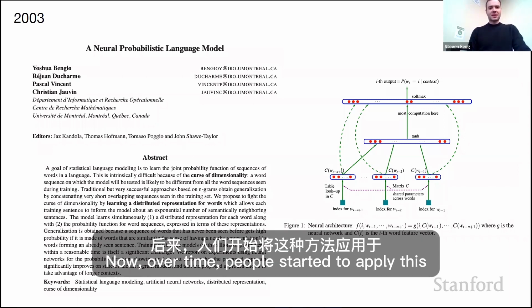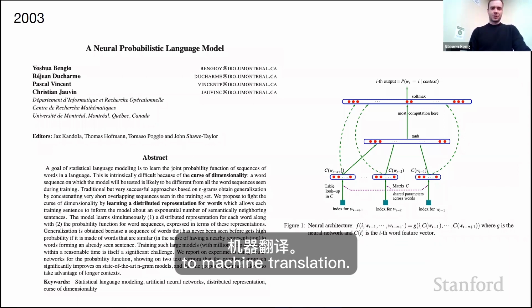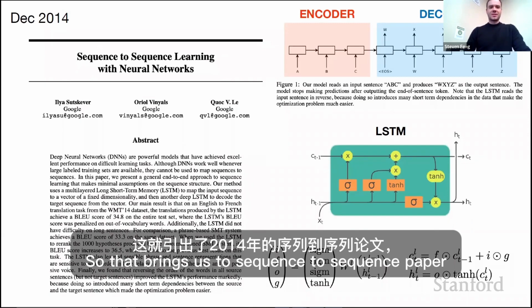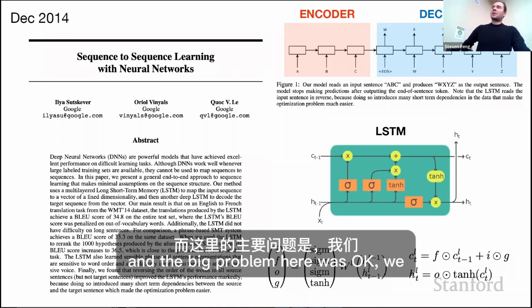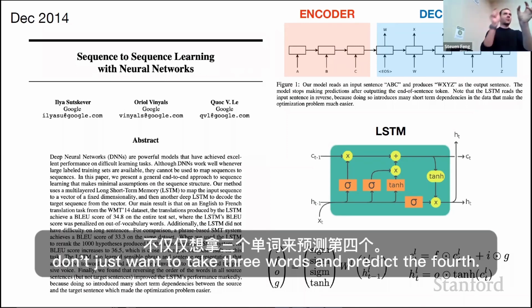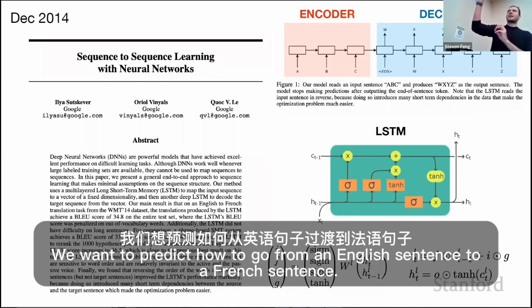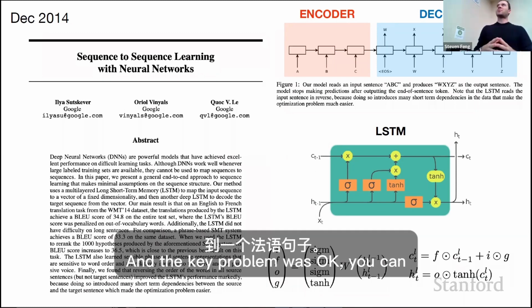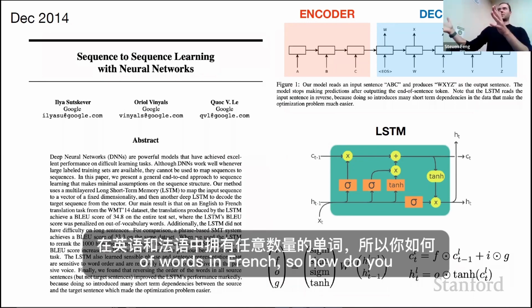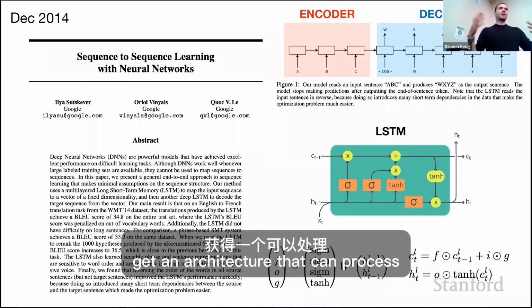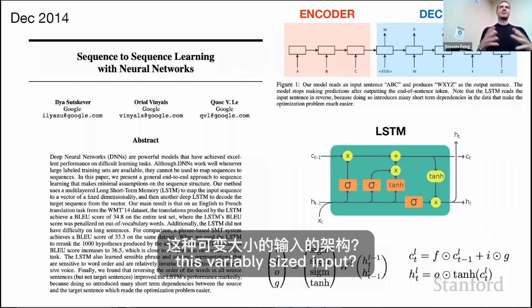Now, over time, people started to apply this to machine translation. So that brings us to the sequence-to-sequence paper from 2014 that was pretty influential. And the big problem here was, okay, we don't just want to take 3 words and predict the 4th. We want to predict how to go from an English sentence to a French sentence. And the key problem was, okay, you can have an arbitrary number of words in English and an arbitrary number of words in French. So how do you get an architecture that can process this variably sized input?